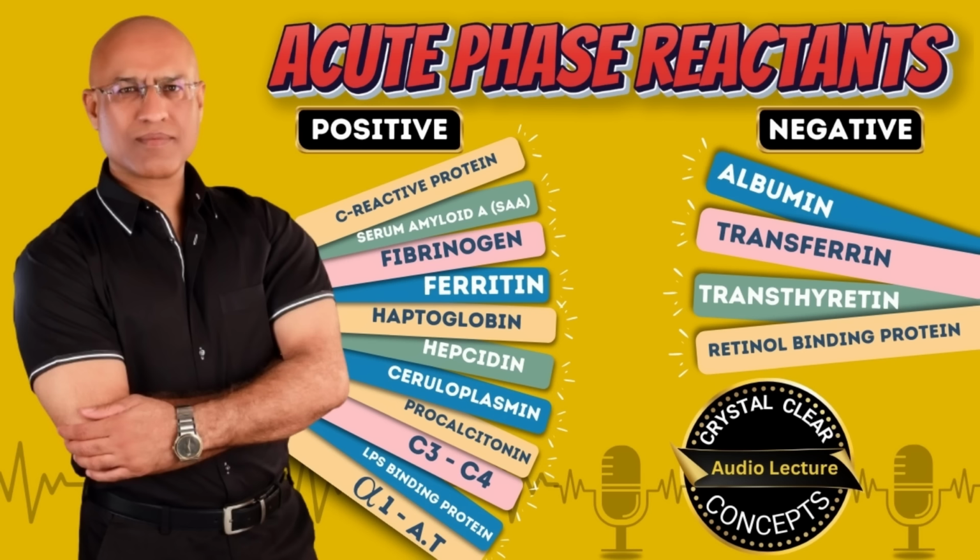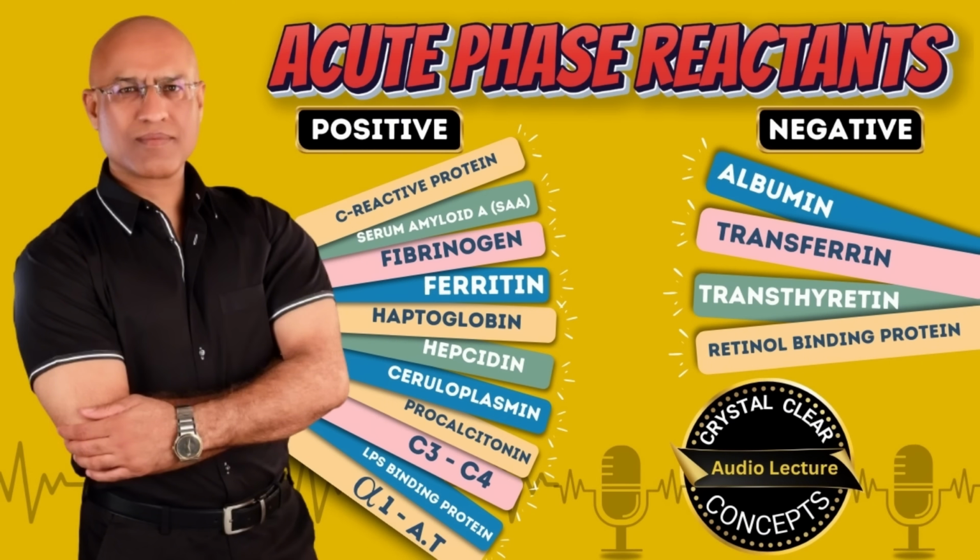And when bacteria or injured cells are sticking to the macrophages or neutrophils via C-reactive protein, they cannot escape. Now neutrophils or macrophages will very easily phagocytose them. Such molecules are called opsonins. So C-reactive protein is an opsonin.